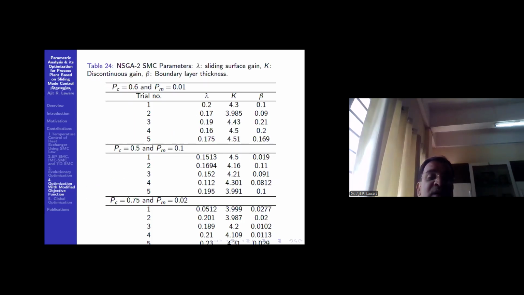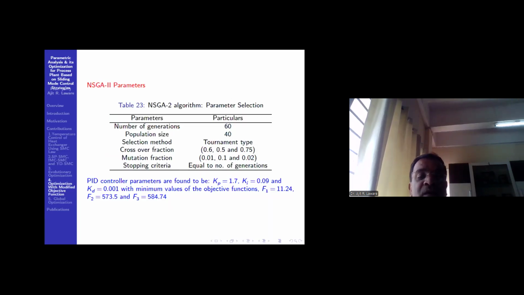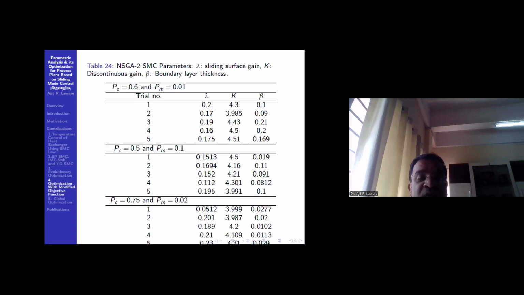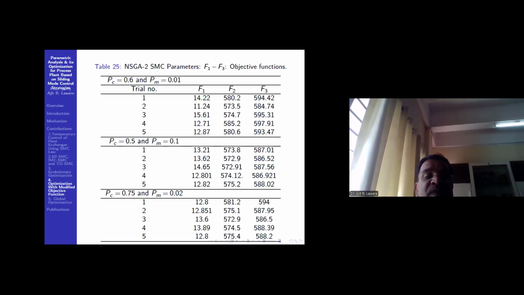Now I am changing the crossover fraction and mutation fraction. Crossover fraction is PC and mutation fraction is PM. So I'm changing PC and PM and finding the values of the controller parameters lambda, k and beta, again for the objective function.